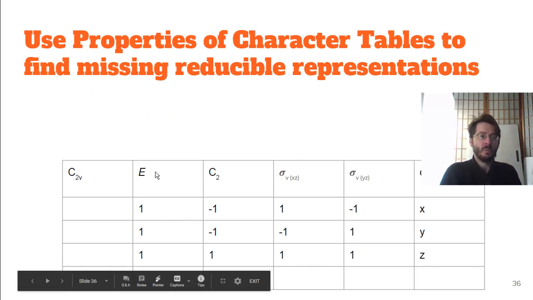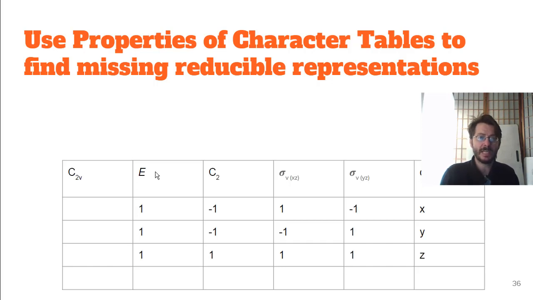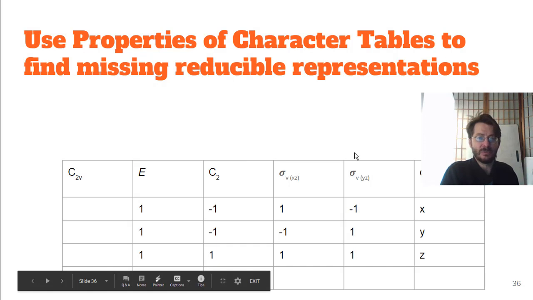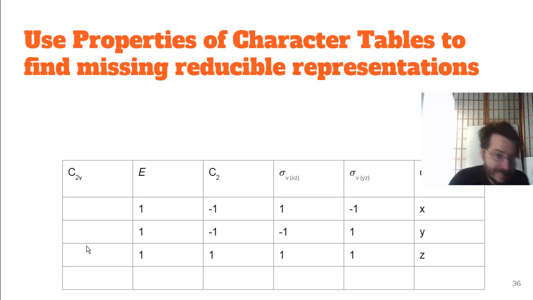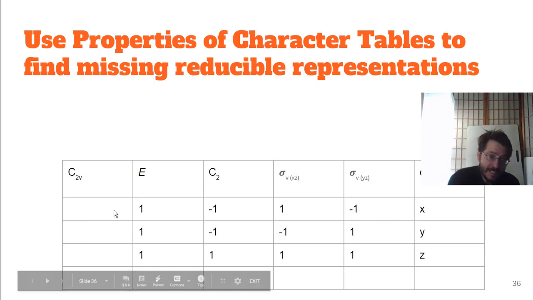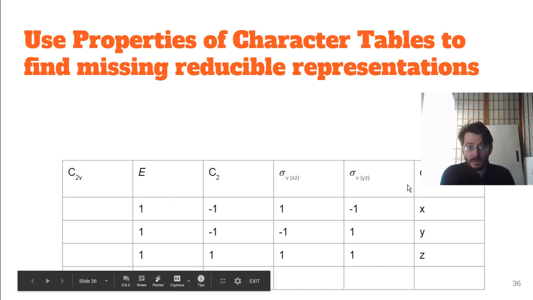Okay. One of the rules for the character table is that the number of classes, 1, 2, 3, 4 in this case, is equal to the number of irreducible representations. Well, we're short one. All right, so we're missing one, and additionally, we know that the sum of the squares of all of these will equal the order. So the order is 4. The sum of the squares of all these has to equal 4.